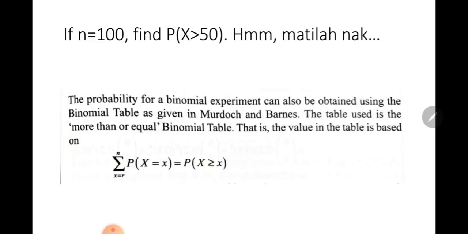Now, using that example A just now, you have a coin that you toss 8 times.